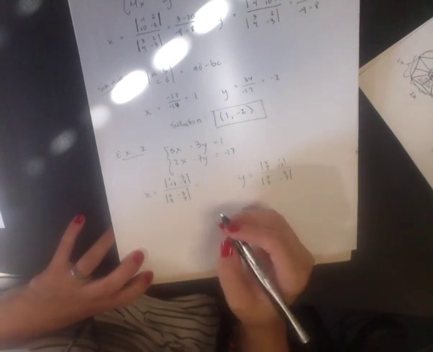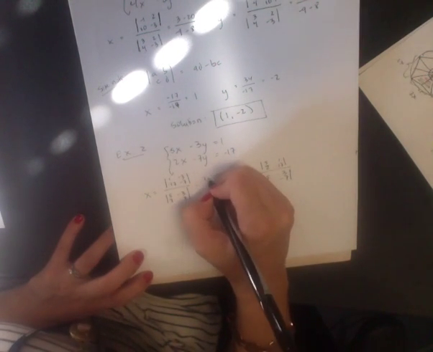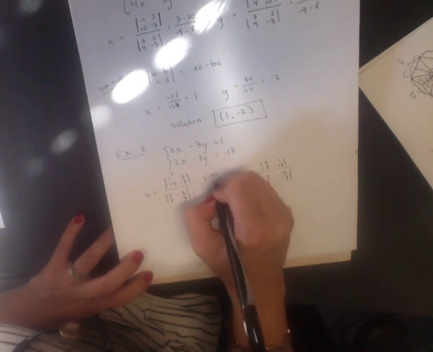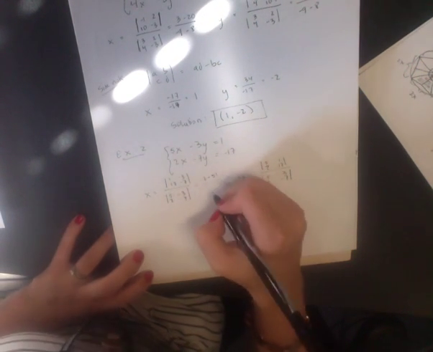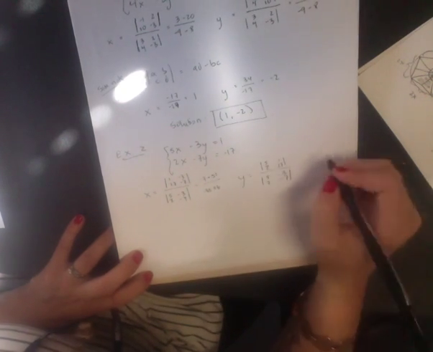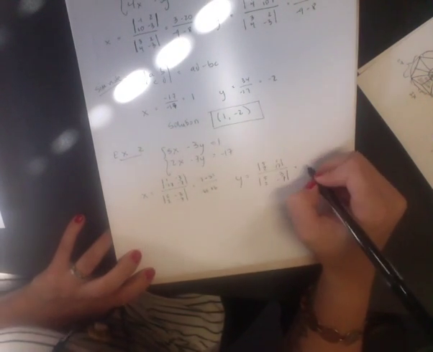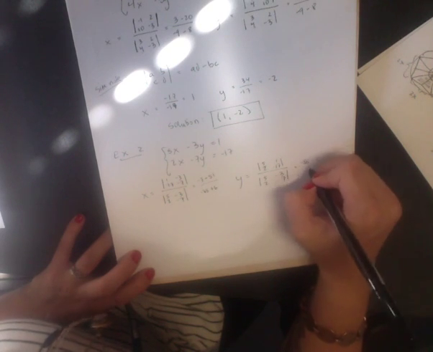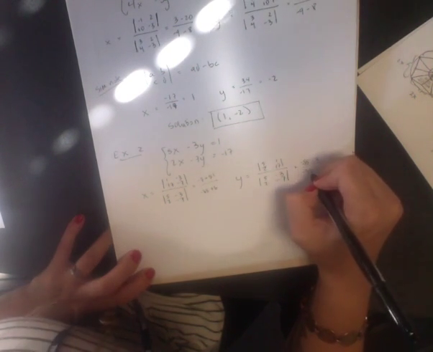Okay, so on top here we will have negative 7 minus 51 over negative 35 plus 6. And here we will have negative 85 minus 2 over negative 35 plus 6.